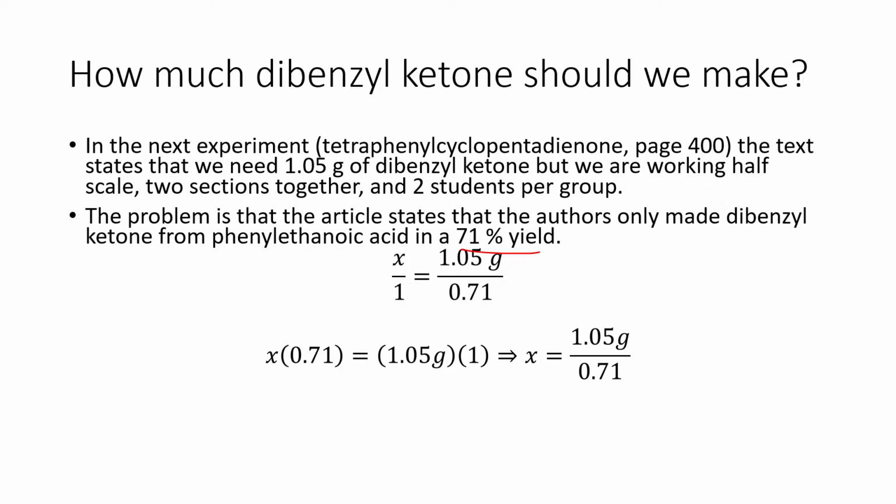If we do the cross-multiplication, we get x times 71%, which equals 1.05 grams times 100%. And we can rewrite this as x equals 1.05 divided by 0.71. By doing this, we can figure out that the actual mass that we need to have in the end is about 1.48 grams.